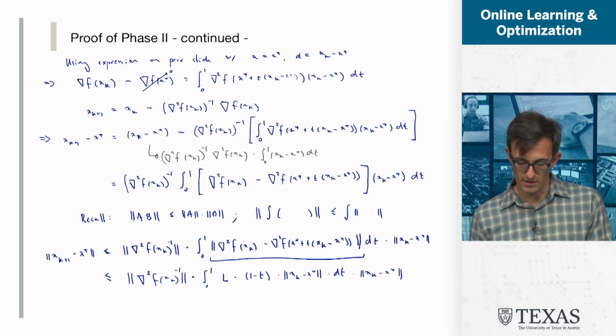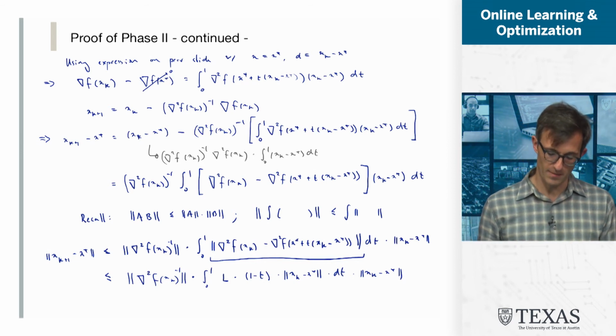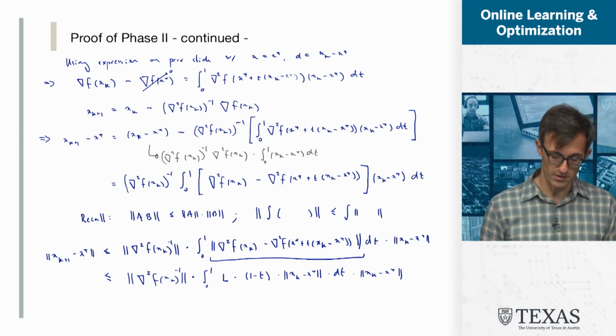I'm going to copy this onto the next page, and we'll continue from there. We've got a few more steps to go, but you can see we're getting quite close to what we need.